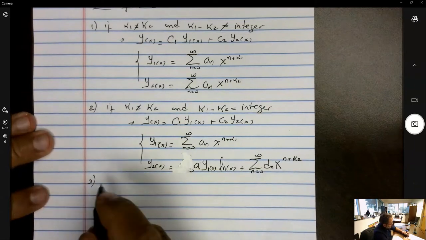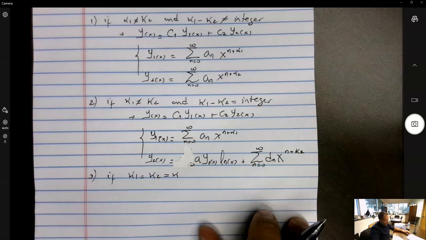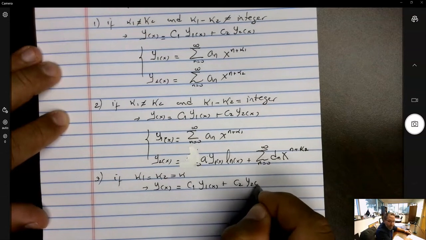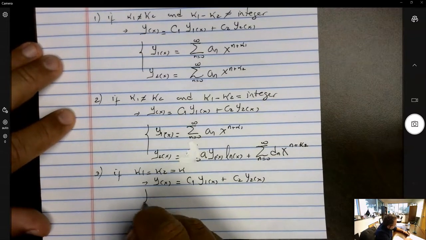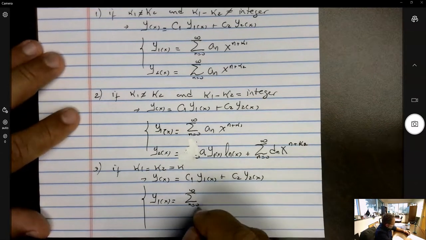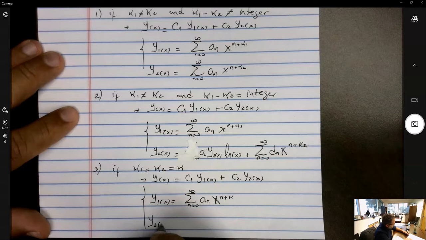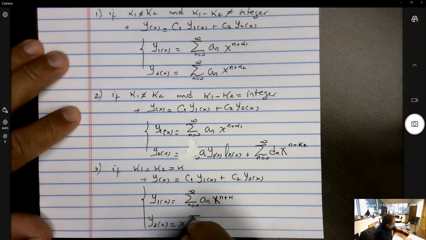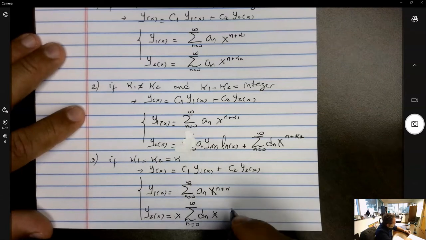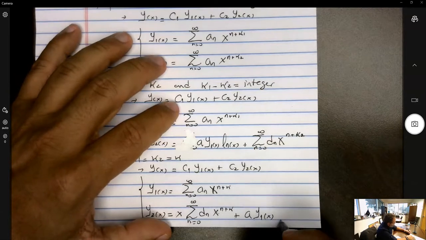And finally, 3. If k1 is equal to k2, which is equal to some k, then again y(x) is equal to c1 y1(x) plus c2 y2(x), where y1(x) is the summation from n equals 0 to infinity of an x to the power of n plus k, and y2(x) is equal to x times the summation from n equals 0 to infinity of dn x to the power of n plus k, plus a times y1(x) times the log of x.